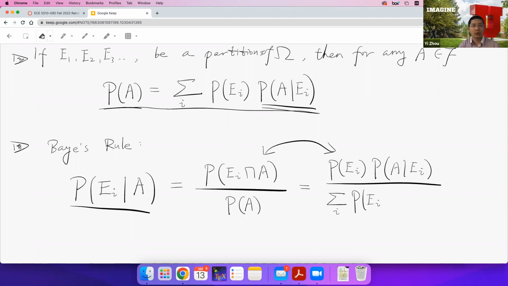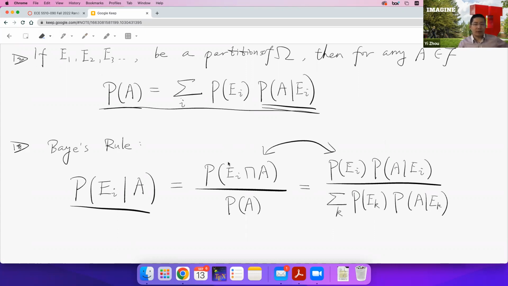So just to avoid conflict of notation, I can use K because I already use I here. So the sum over K of probability of EK times probability of A given EK. Right.